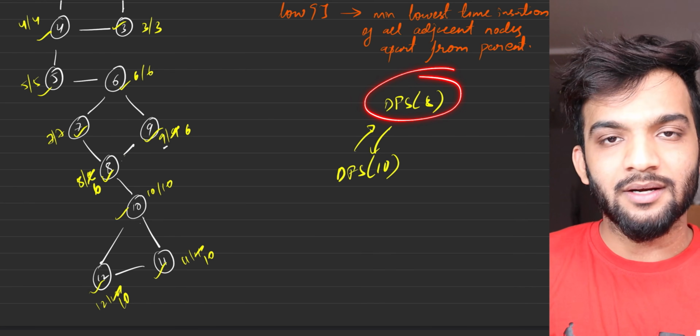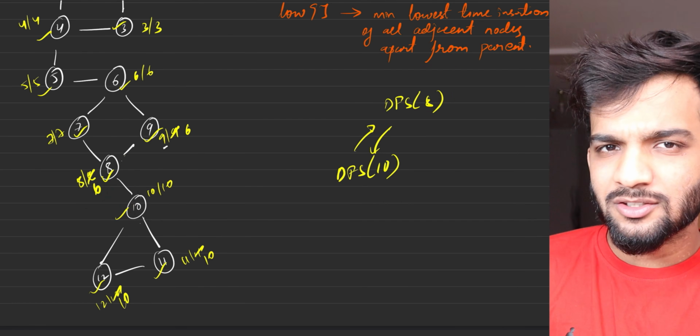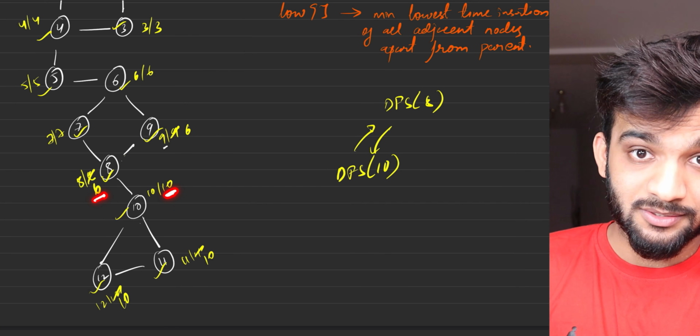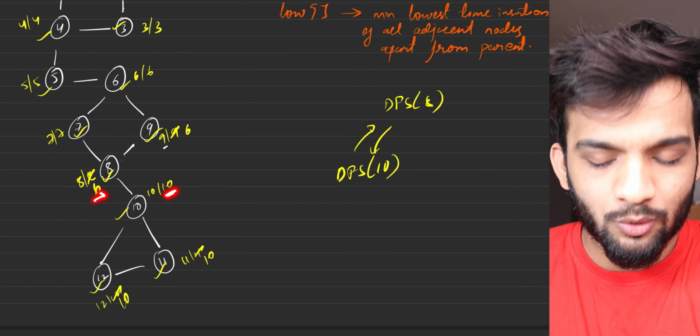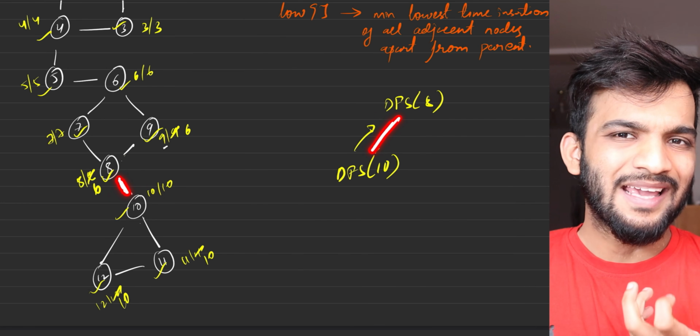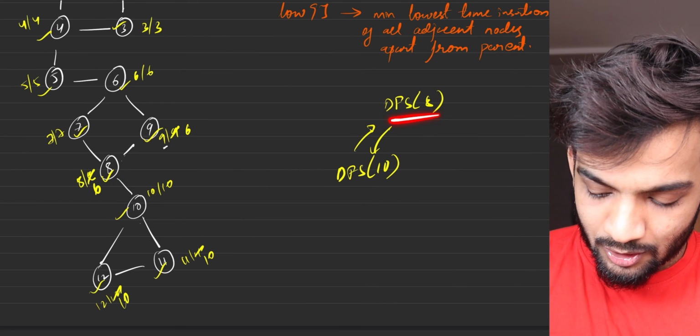When it goes back to 8, what is 8's first job? 8 says, 10, you are my adjacent. You have done your job. What's your low? 10. My low is 6. So, there's no point in taking your low. Forget about it. Now, the next step, 8 says, okay, let's wait. Can this be a bridge? For that, 8 says, what is my step?